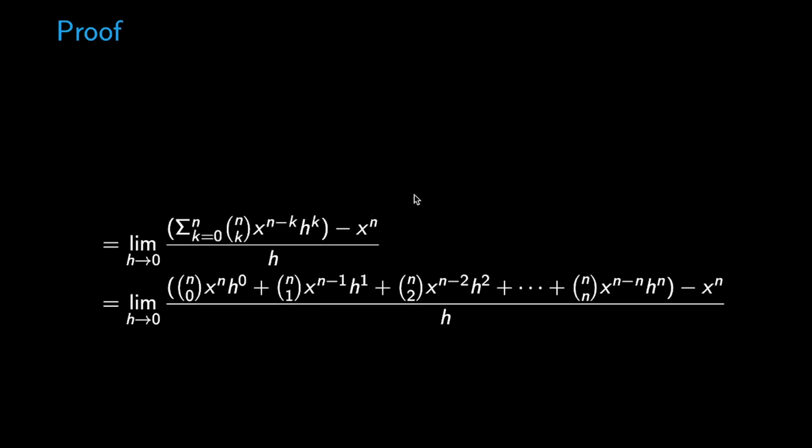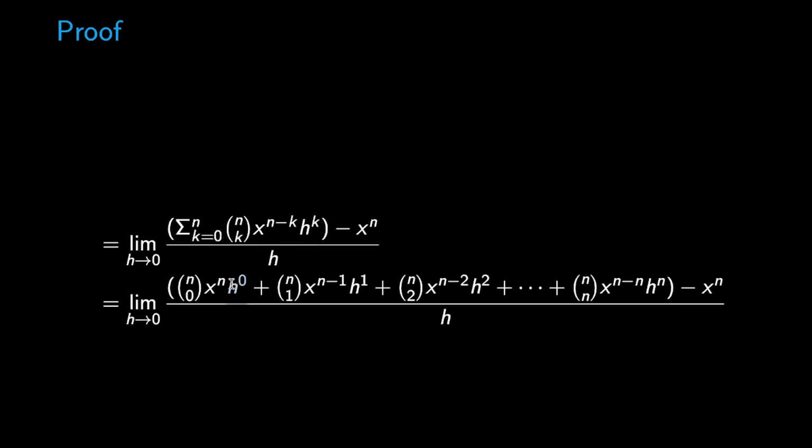Next, if we expand our summation, remember the summation is basically just repeated addition, right? So we get the following expansion. When our k is 0, we get n choose 0 times x raised to n minus 0, so we get x raised to n times h raised to 0, because by the summation, we have h raised to k, and in this case, our k is 0.